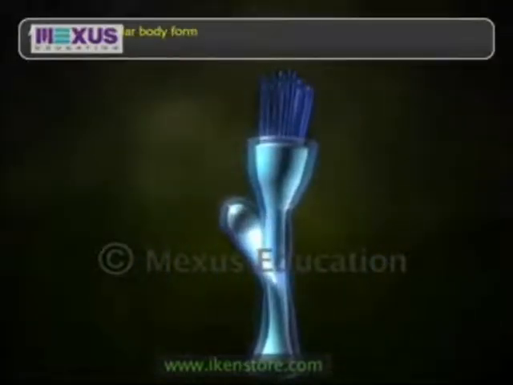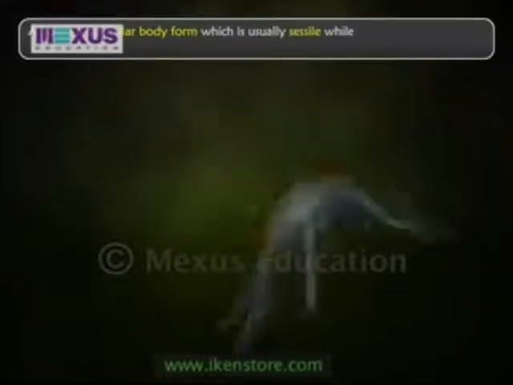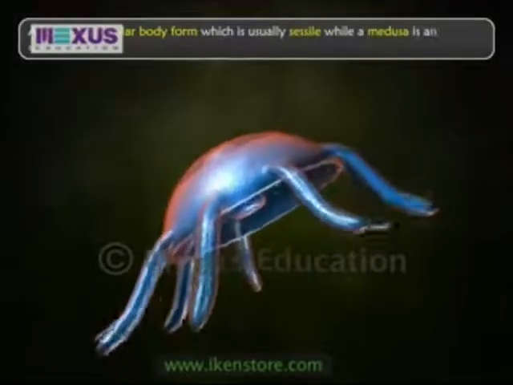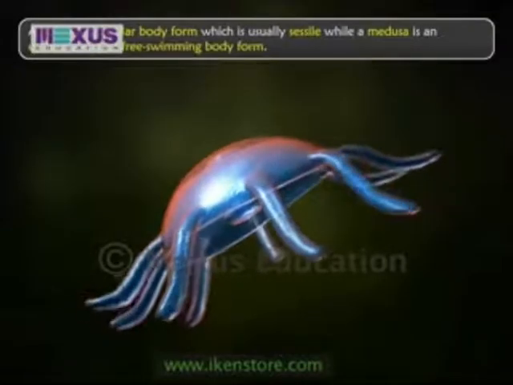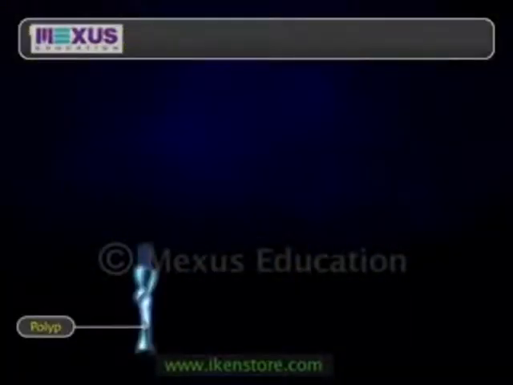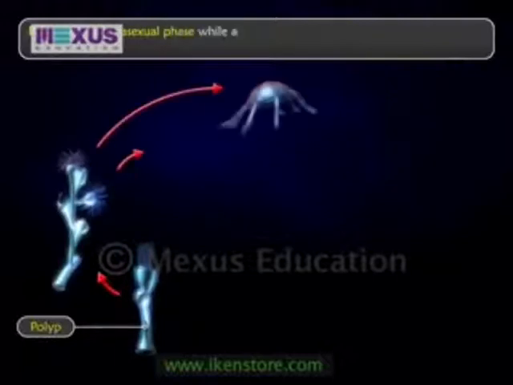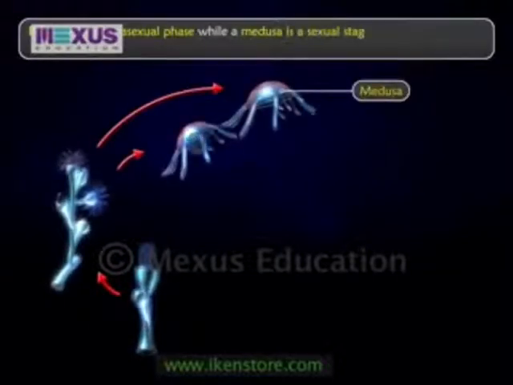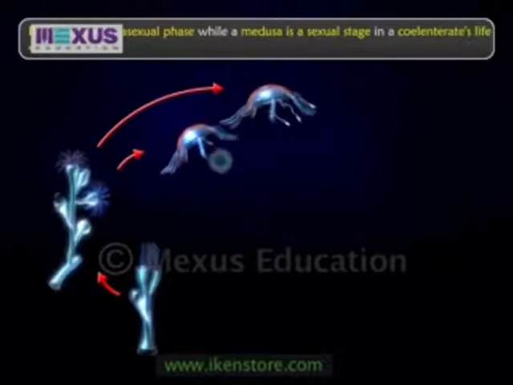As you can see, this is the example of Obelia, and the jellyfish. Different forms we get, called polyps and medusa, in the life cycle.